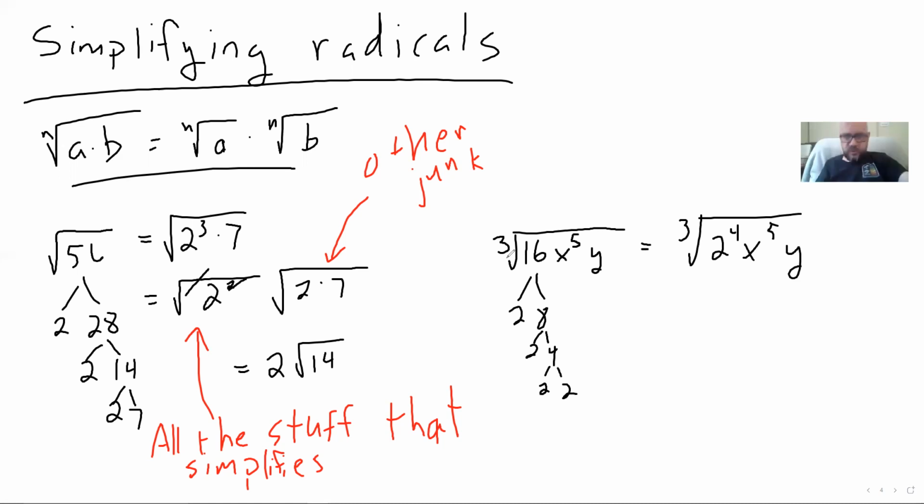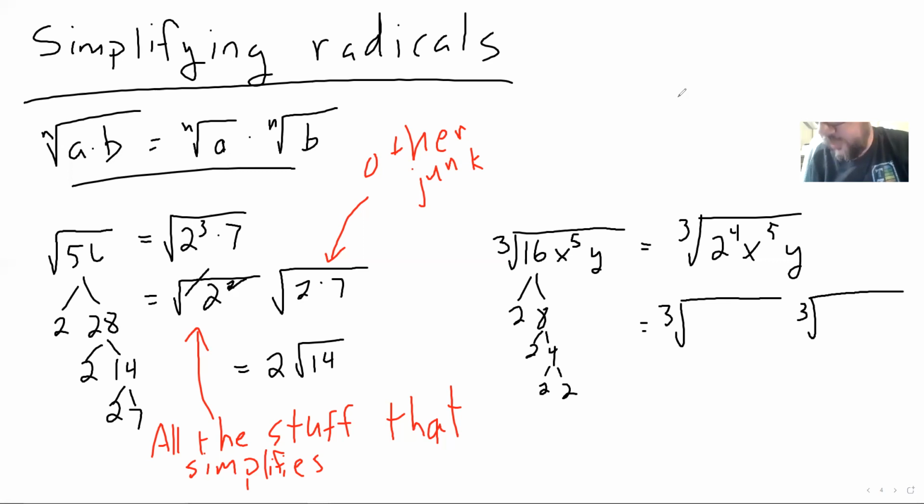And notice that the variables are actually easier to deal with because the exponent just tells me how many I have, right? The first thing I have to do with numbers is figure out how much of everything I've got by doing this. So I'm going to break this up into all the things that are multiples of 3, all the powers that are multiples of 3, and everything else.